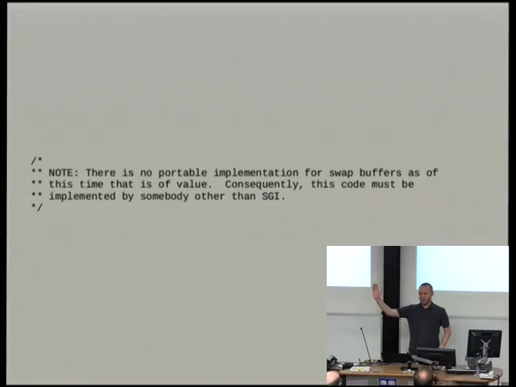Then we're just going to call this function pointer, and you'd better write what's behind that function pointer. So that really is a complicated part, and that's why we've had multiple direct rendering protocol revisions. Over time we've had to change how we do buffer swaps and how we get the bits onto the screen.